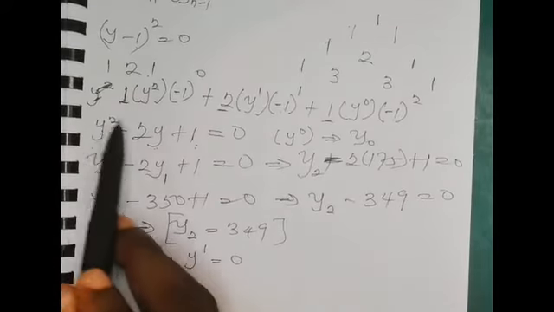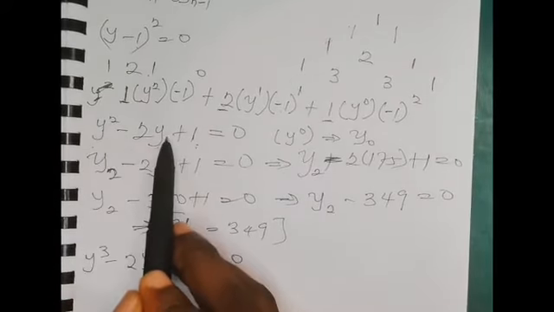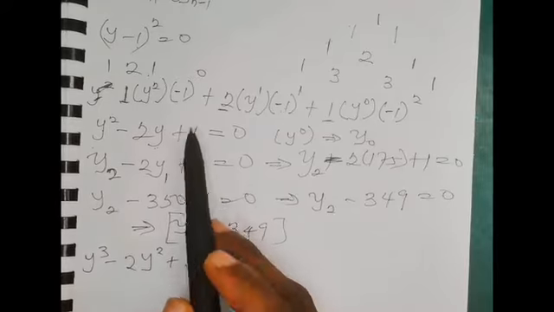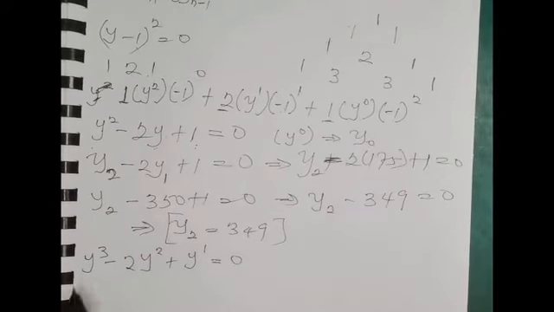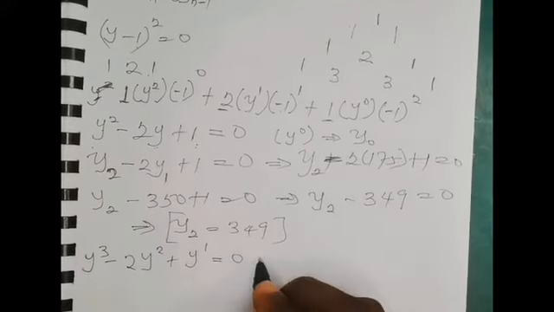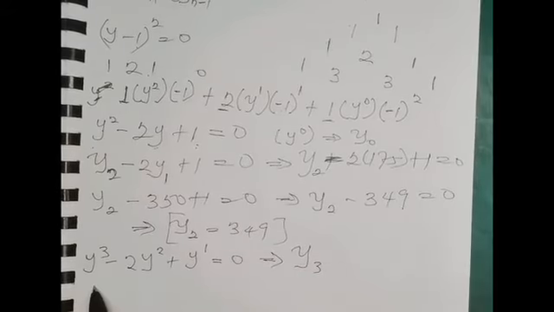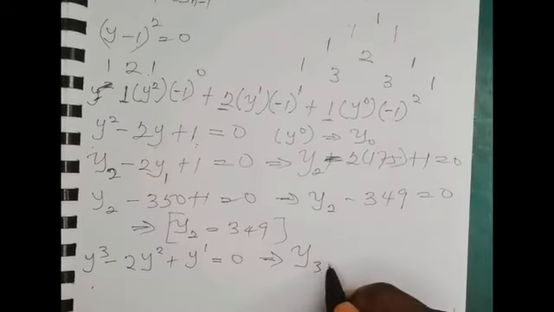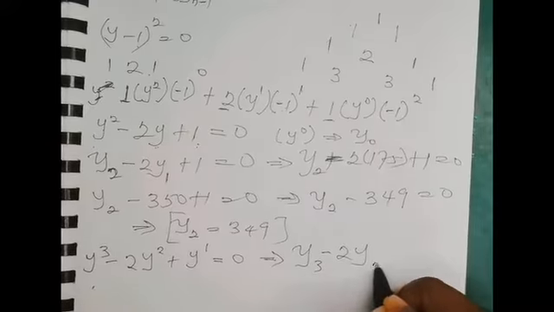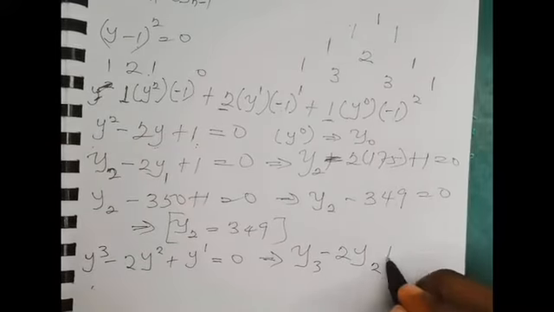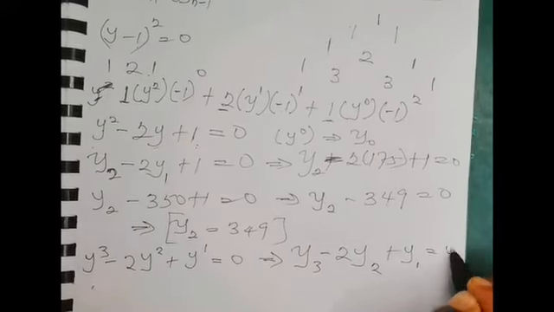So it moves in decreasing order: y squared, y1, and then y0. So if I have to find y3, it becomes y cubed minus 2y squared plus y1. So it moves in decreasing order, 3, 2, and 1. And if we rearrange this and bring down the power, it becomes y3 minus 2y2 plus y1 equal to 0.